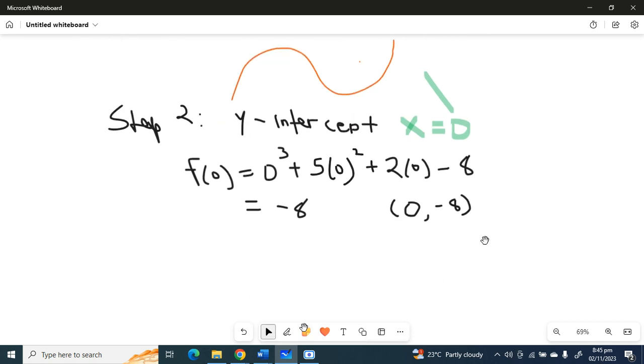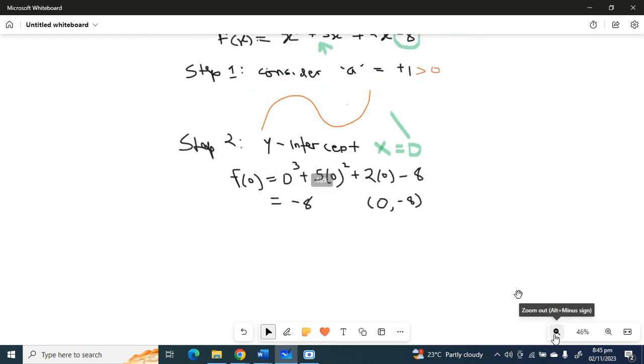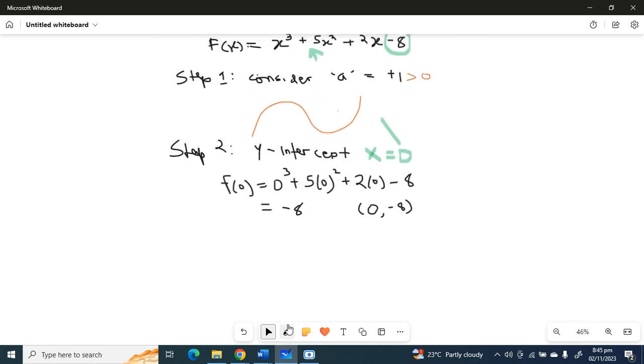Okay, we go to step 3 where you have to get the x-intercepts. Now, the good thing for you guys is you're not doing add math, so usually this is the time where you have to factorize the cubic function so that you get the linear factors and then you solve for x.